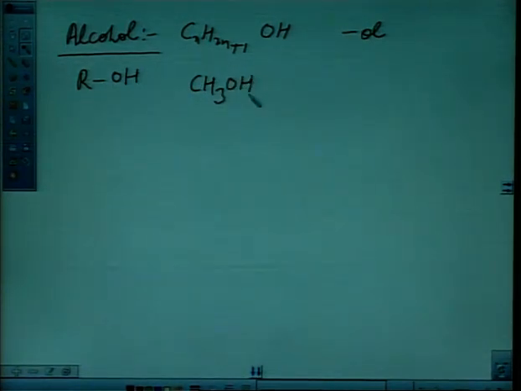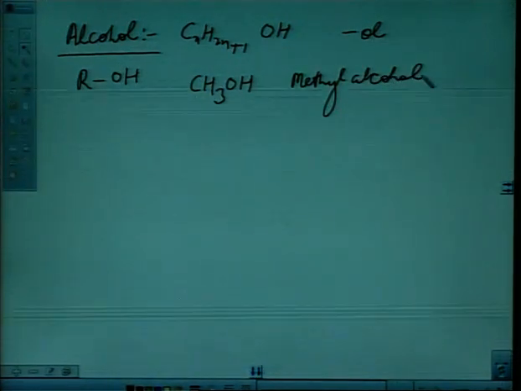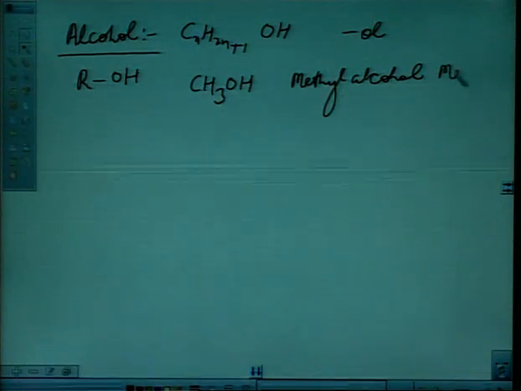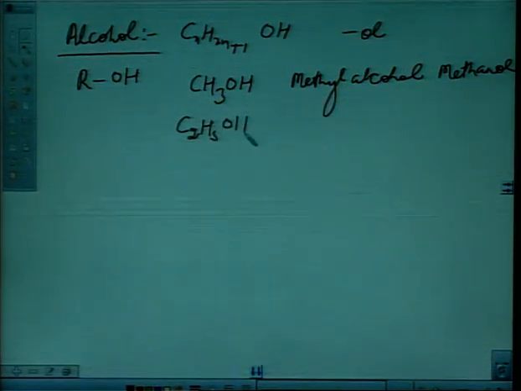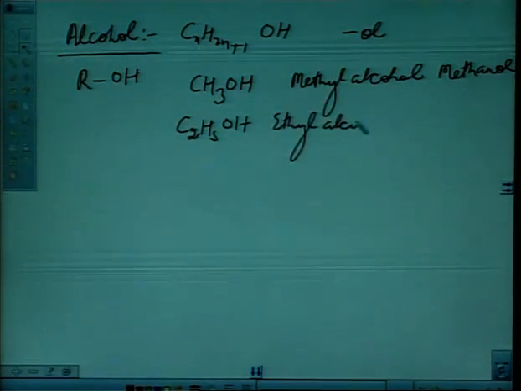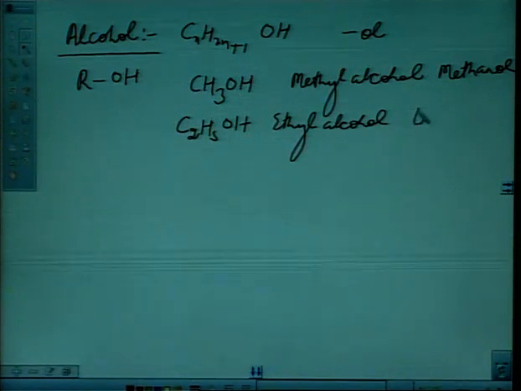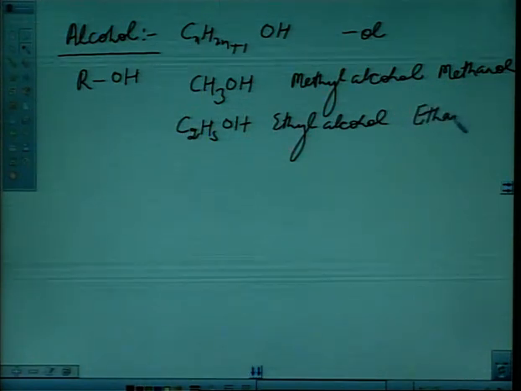The common name is methyl alcohol and the IUPAC name is methanol. The next member is C2H5OH. The common name is ethyl alcohol, and the IUPAC name is ethanol.